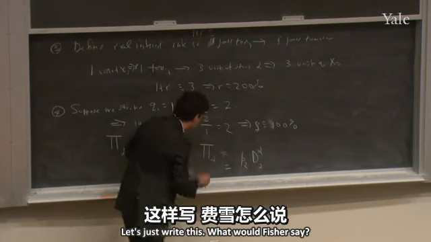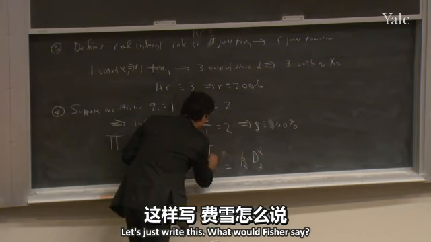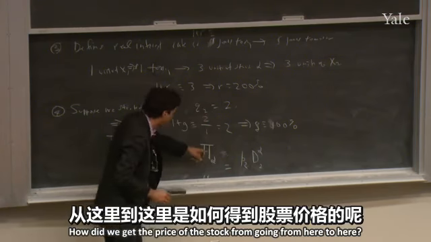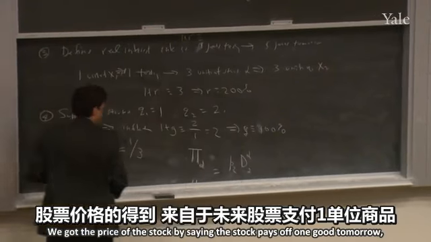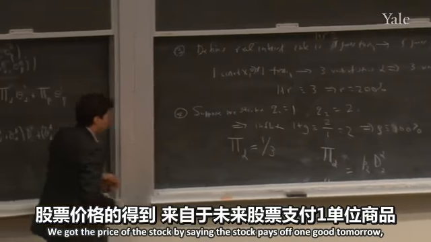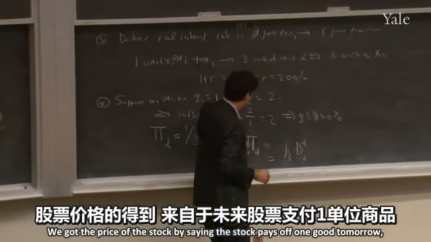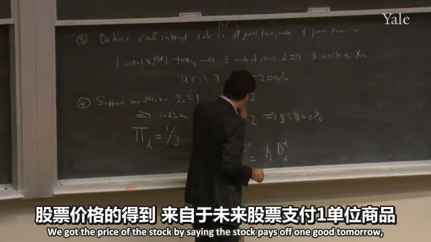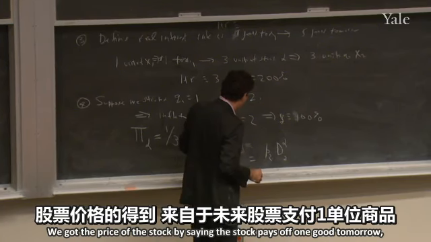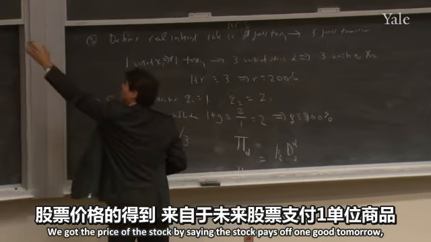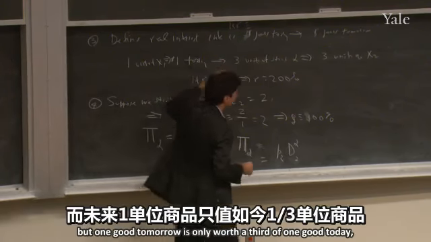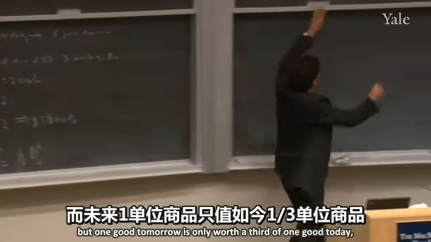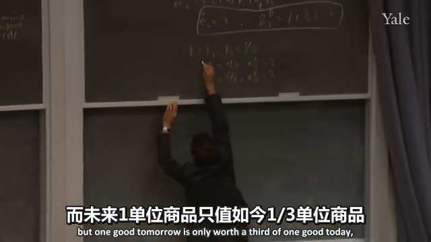Let's just write this. What would Fisher say? Fisher would say, how did we get the price of the stock from going from here to here? We got the price of the stock by saying the stock pays off one good tomorrow, but one good tomorrow is only worth a third of one good today.